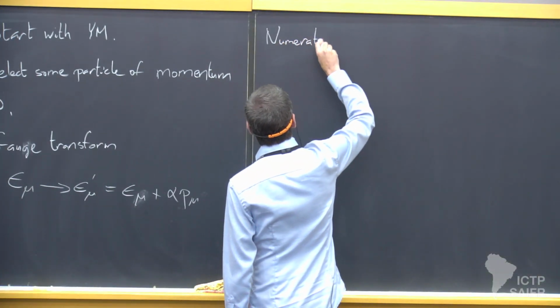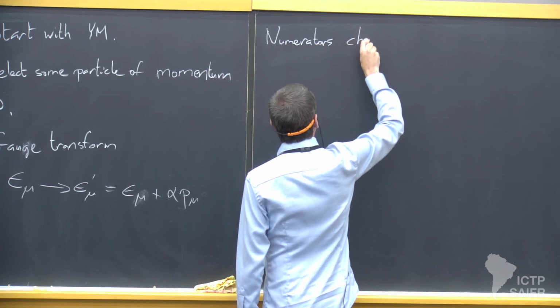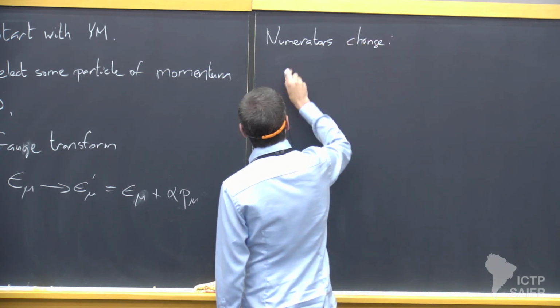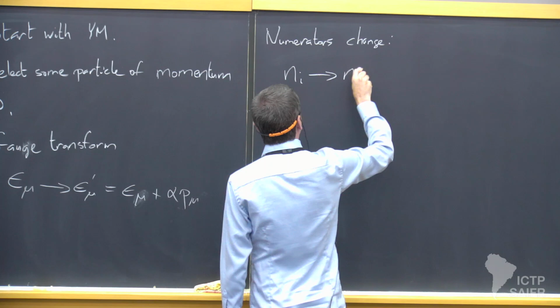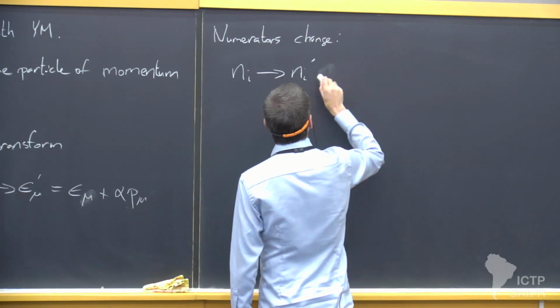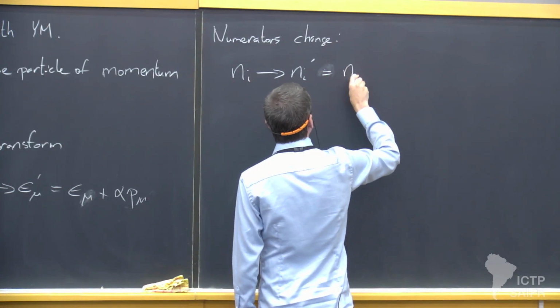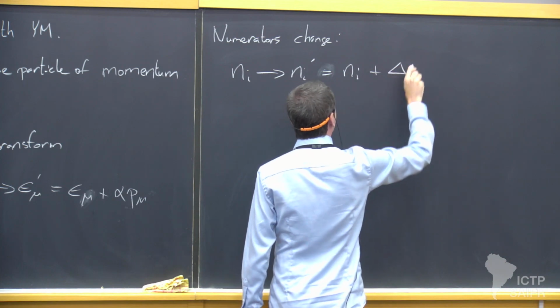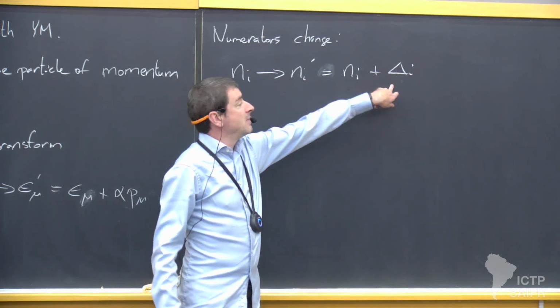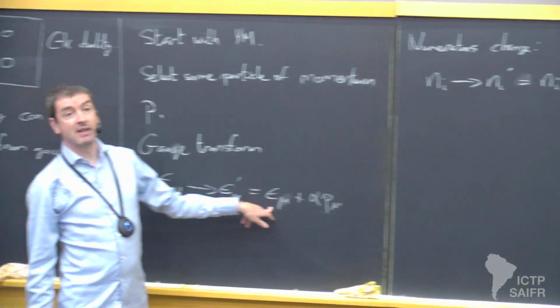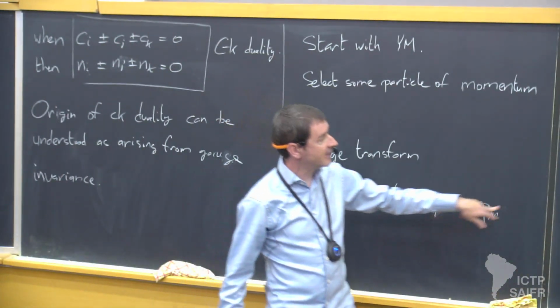So these n_i's will, under this gauge transformation, become some n_i prime, which is n_i plus some delta_i.